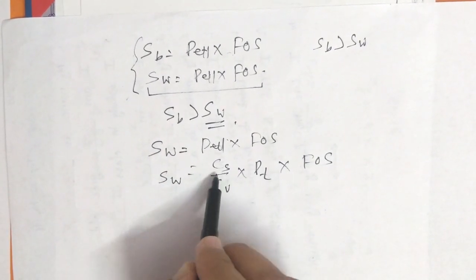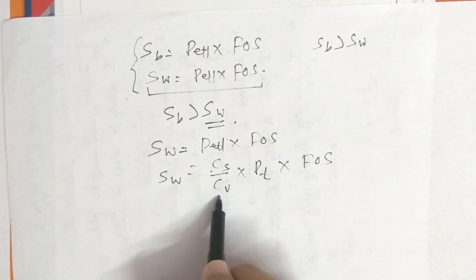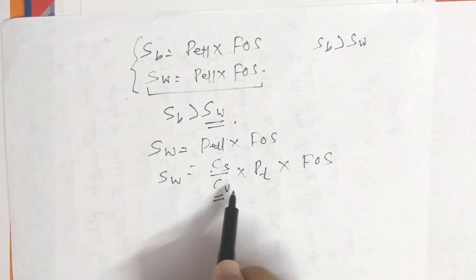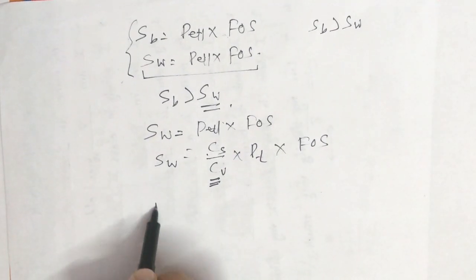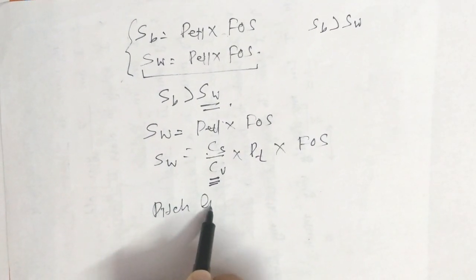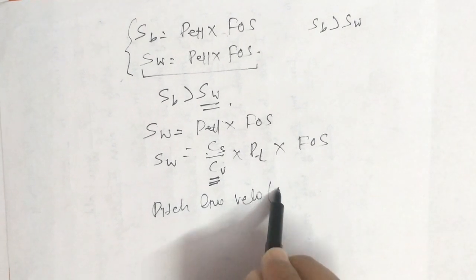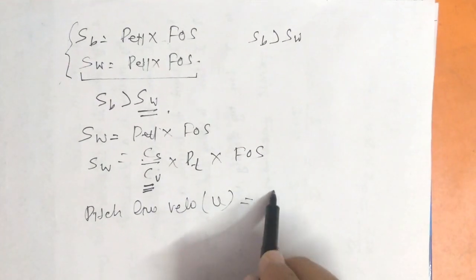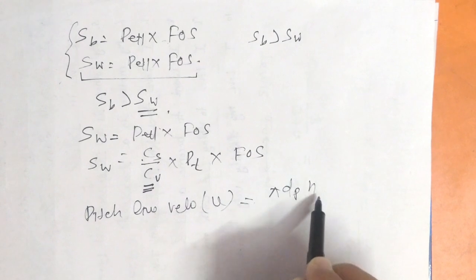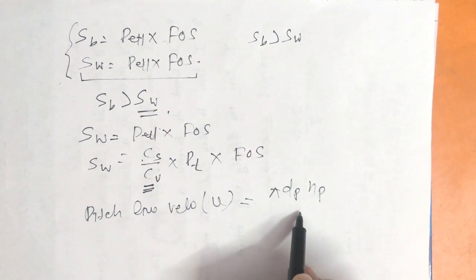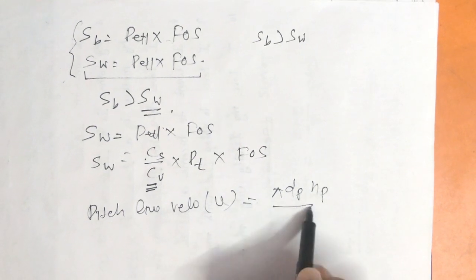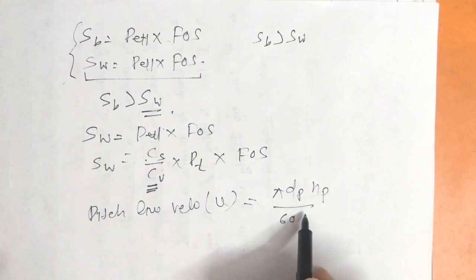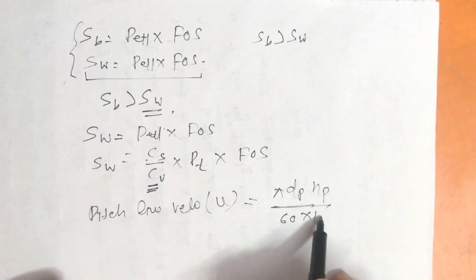So first of all, CS is given to us, we need to calculate velocity factor, and to find out the velocity factor we need to find out the pitch line velocity V, which is given by pi dp np over 60 multiplied by 10 raised to power 3.